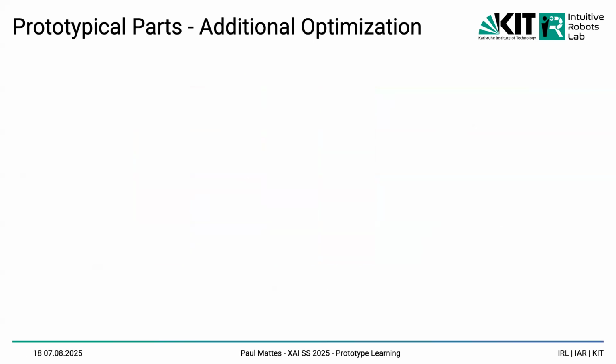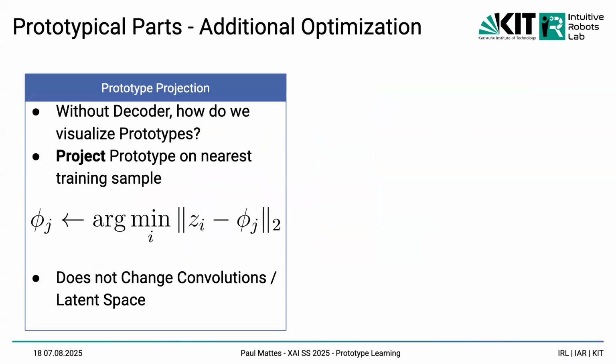All right. There are additional optimizations for the prototypical parts. So for one, we can have prototype projection, where we don't have a decoder and still want to visualize the prototypes. So we project the prototypes on the nearest training samples.